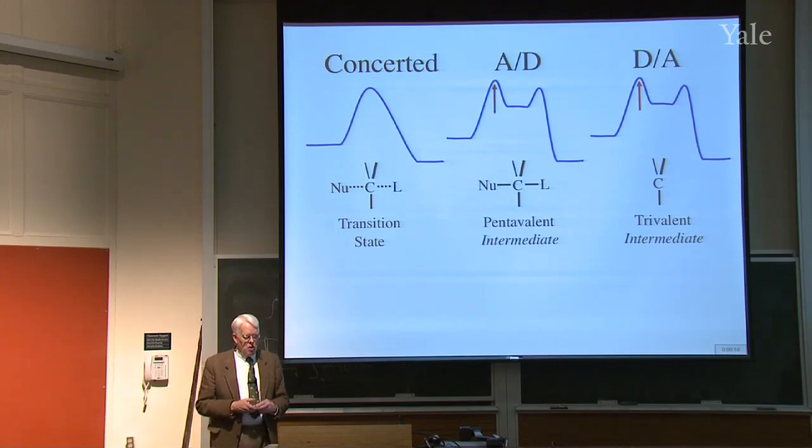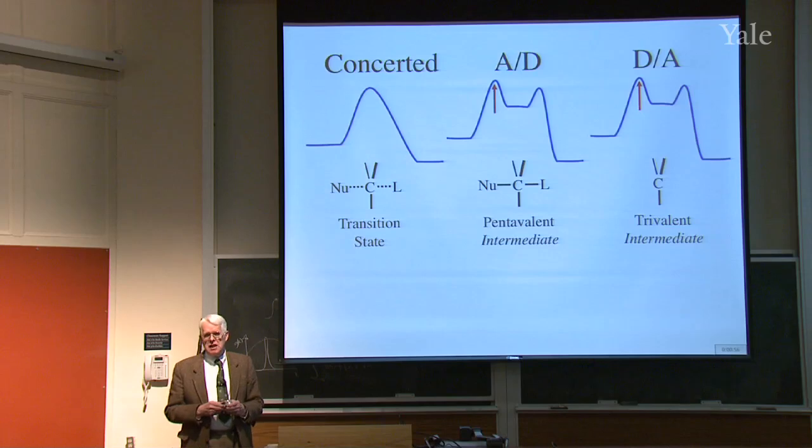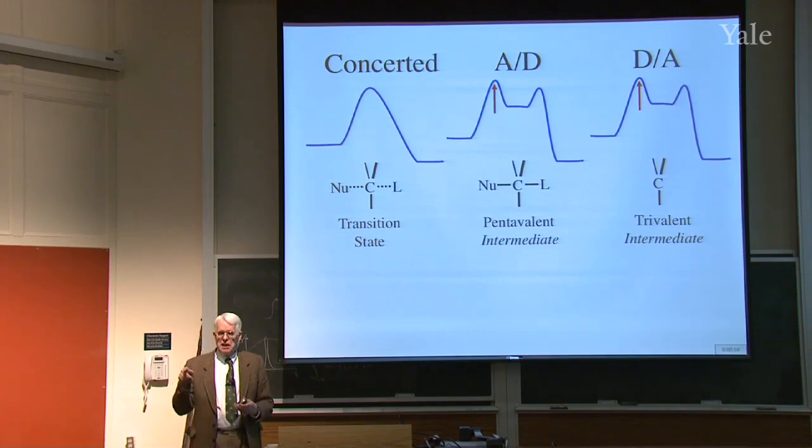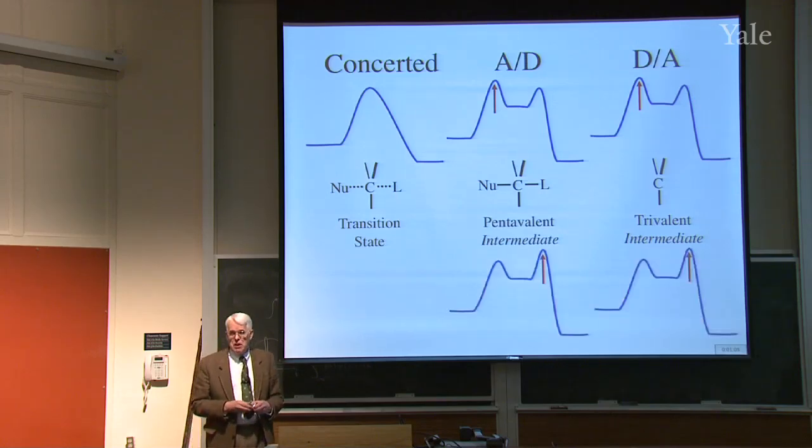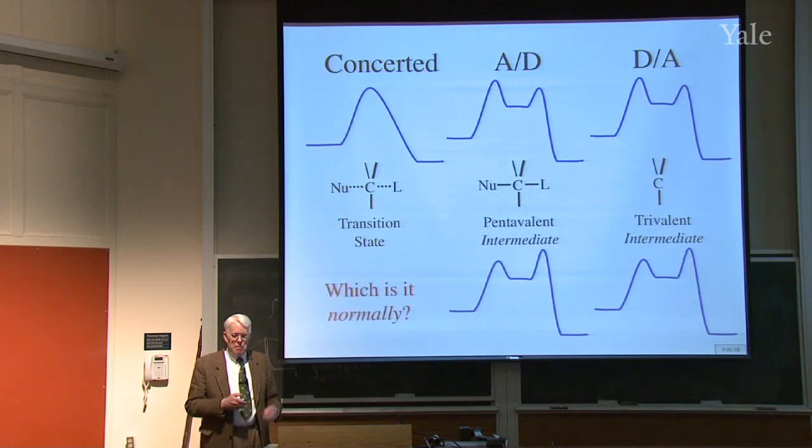Now, as I've drawn it there, the first step is rate limiting. We talked about a complex reaction of 2 steps, where either the first or the second step could be rate limiting. It would be possible to imagine the second step to be rate limiting as well. However, that might not be so common. We ask what's normally the case in a reaction.